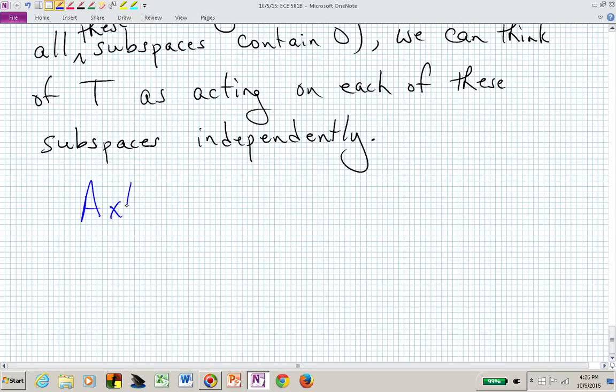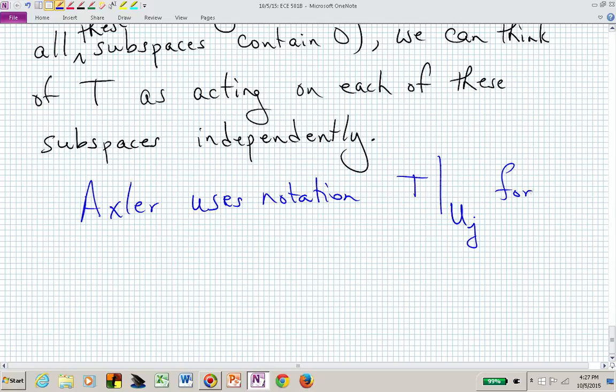And Axler, in the notation of the textbook, uses the following notation. We have our linear map T, and then we have a long vertical line, and that's now a linear map restricted to u sub j.